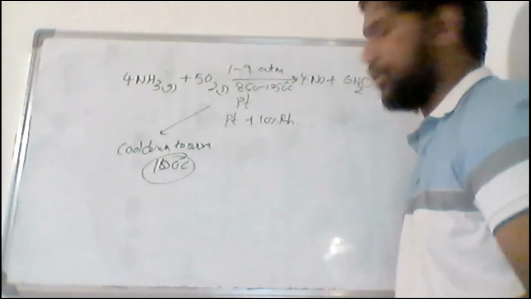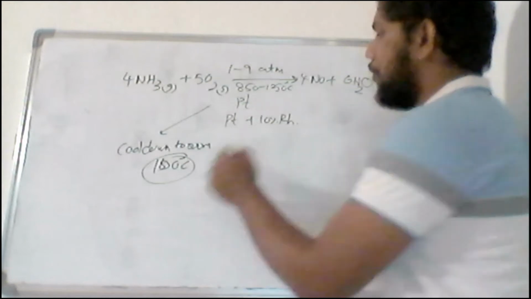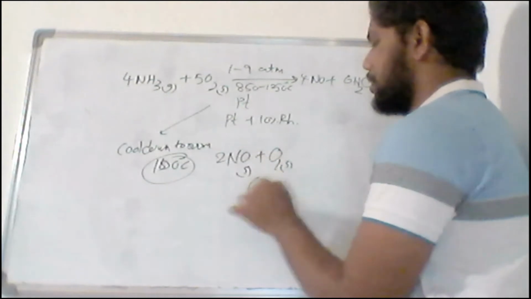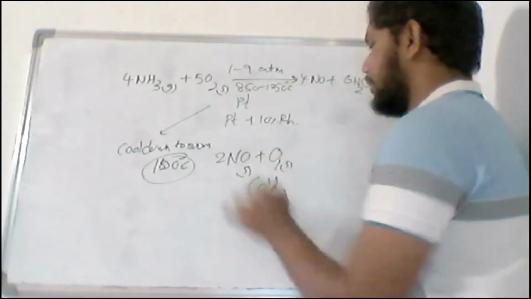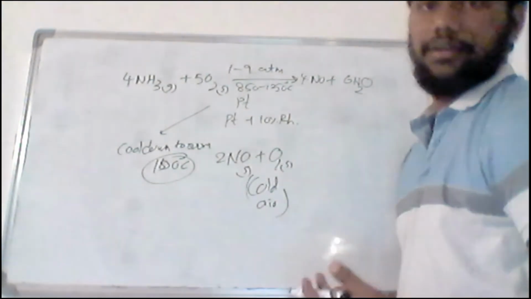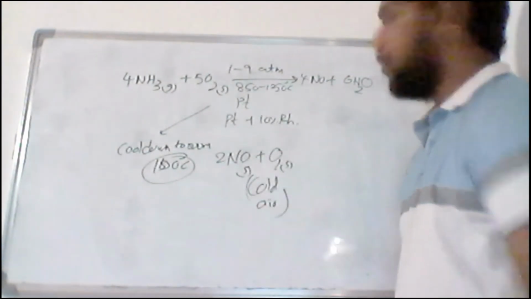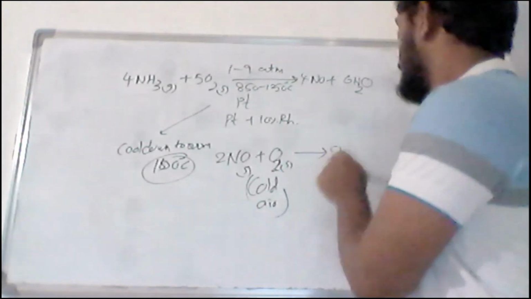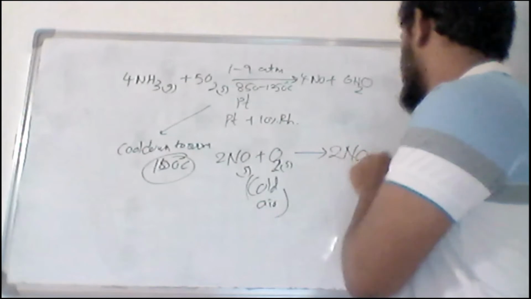That is very important to understand here, because when you have NO gas and O2 gas, which is typically called the cold air, hot temperature with cold air in the system would be very essential for this particular reaction to happen, and this will provide you NO2 gas.